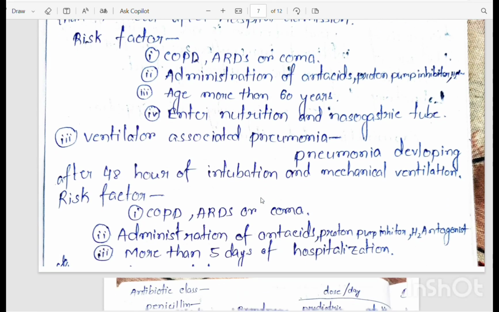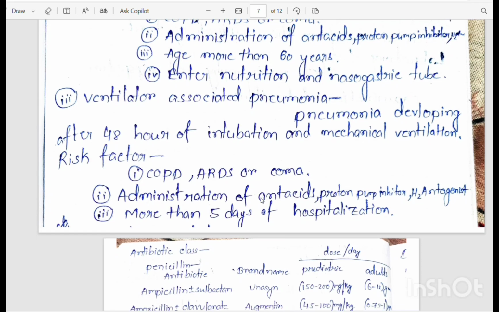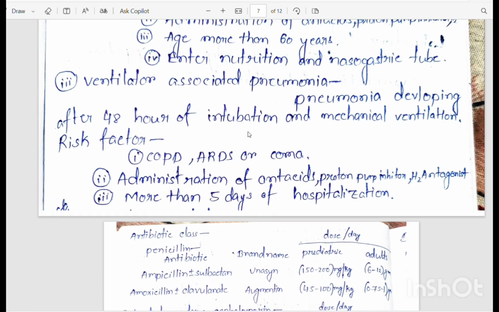Then we will move to the third type of pneumonia, called ventilator associated pneumonia. This type of pneumonia generally occurs as pneumonia developing after 48 hours of mechanical ventilation. So if the person is admitted in the hospital in the ICU and mechanical ventilation is given to that person for more than 48 hours, then that person can suffer with ventilator associated pneumonia.